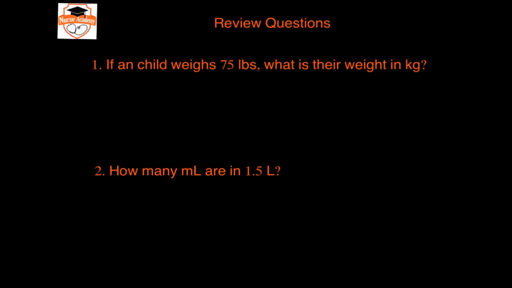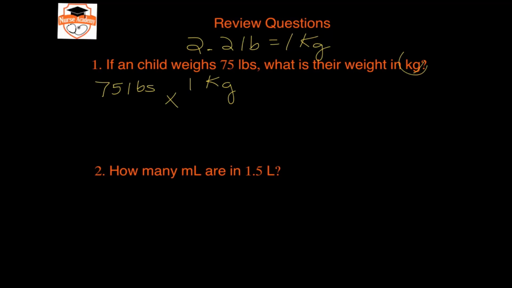So if a child weighs 75 pounds, that is the first bit of information that I'm going to write down when I'm doing my conversion. Now you'll remember that there's 2.2 pounds in 1 kilogram. So therefore, I would put the 1 kilogram on the top, since I am attempting to solve for kilograms, and then my 2.2 pounds will go on the bottom.